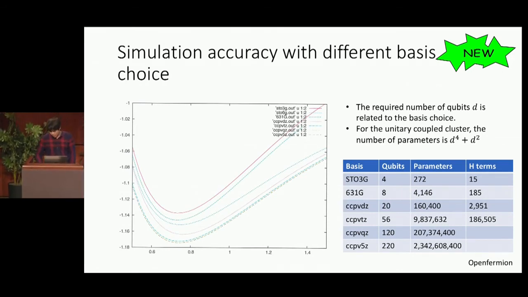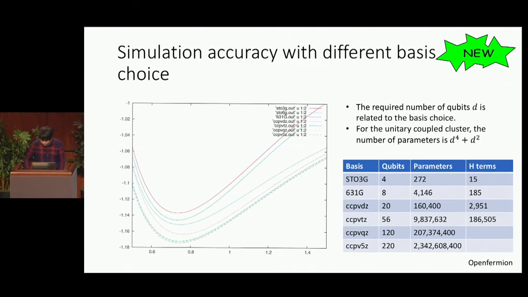I also calculate the number of terms in the Hamiltonian using the OpenFermion package. I just calculate 4 bases because with larger bases, the number of terms is larger and the computation time is very long.